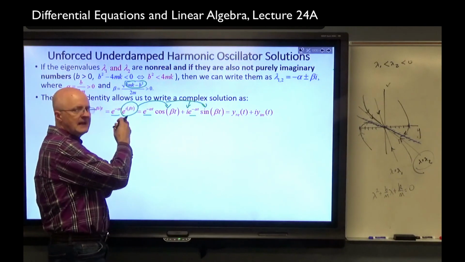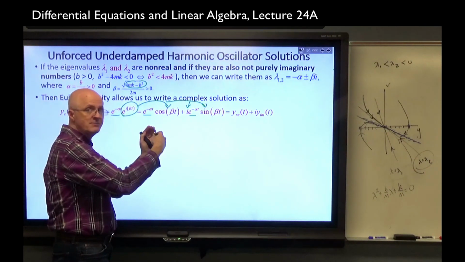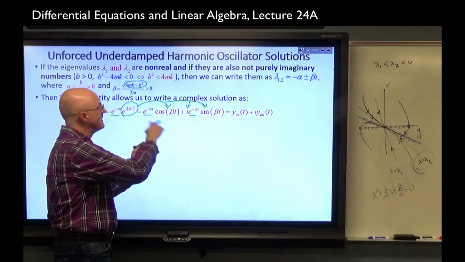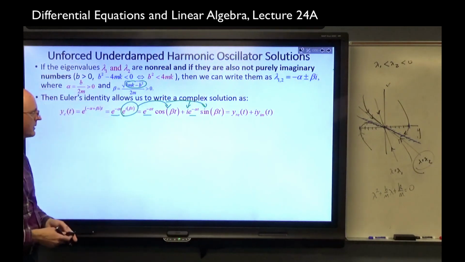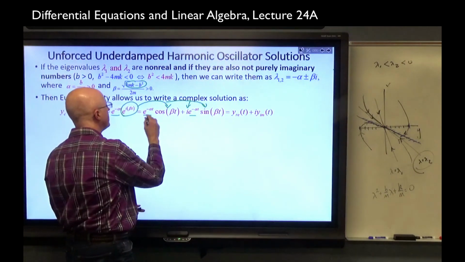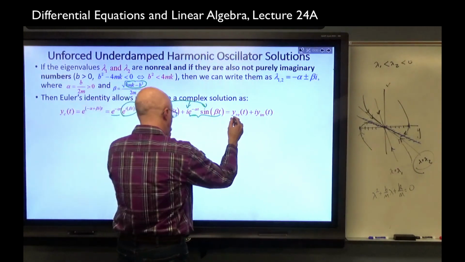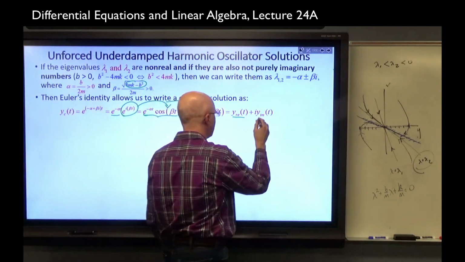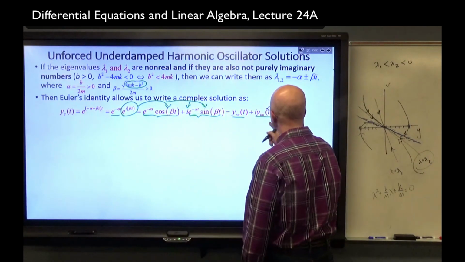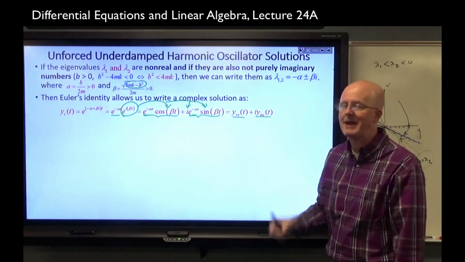I also multiplied the e to the negative alpha t through. If you imagine, I did two steps there essentially. Initially you'd have e to the negative alpha t times, in parentheses, cos beta t plus i sine beta t. Then I multiplied the e to the negative alpha t through. And both these things right here and here are real quantities. y_RE is the real part, y_IM is the imaginary part, but once again, imaginary parts are not imaginary numbers.